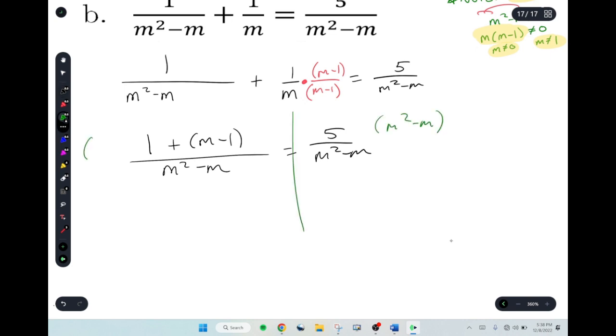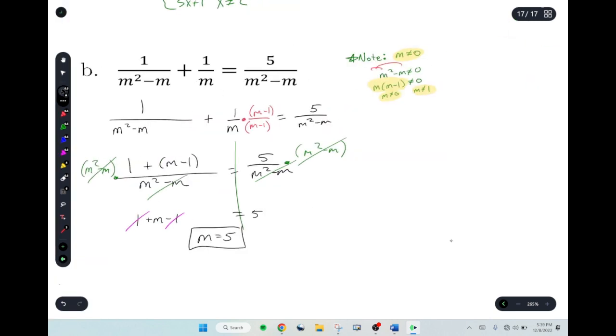And you know why we're allowed to do that? Because we totally eliminate all denominators, and we already took care of the 0 on the bottom. We know it in our note. 1 plus m minus 1 equals 5. Oh, look at that. M equals 5. Done.